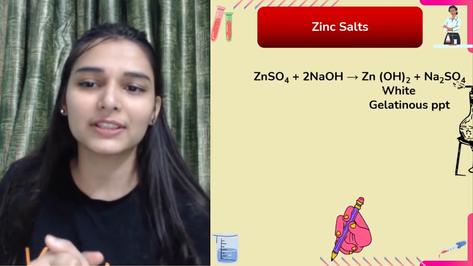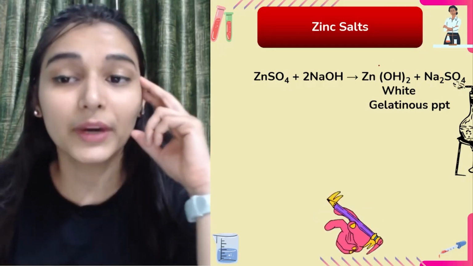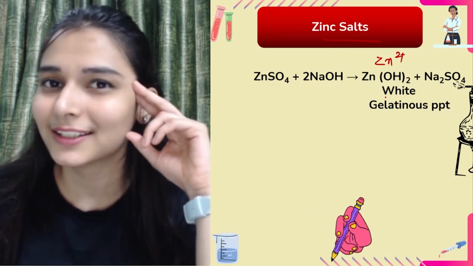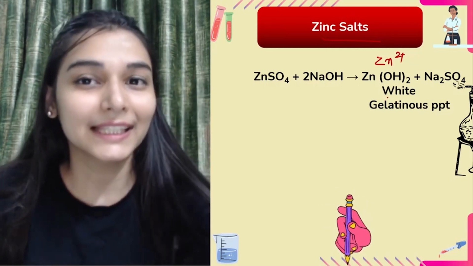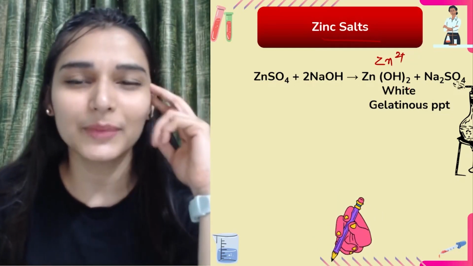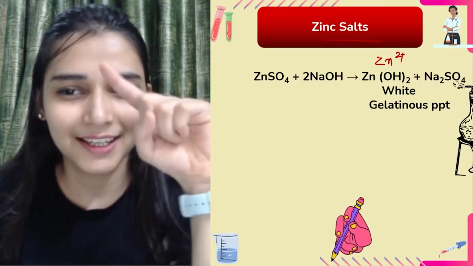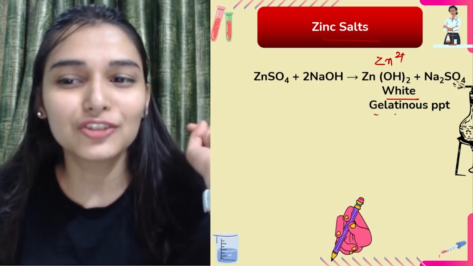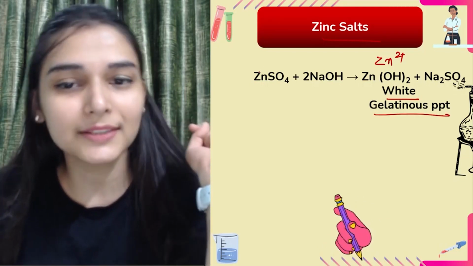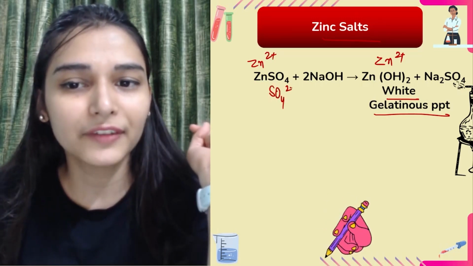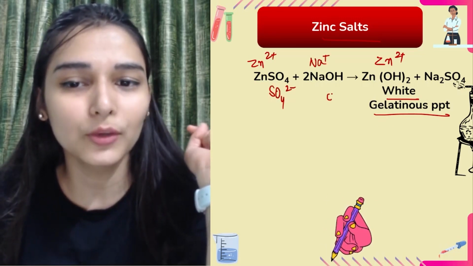Again DD reaction is happening in each one of them, but now I told you about the zinc salt, zinc 2+ metal ion. Remember, for transition elements ma'am told you that d block elements' metal ions will be generally colored except for zinc. There you go. Okay, a white gelatinous precipitate would be obtained. So the same thing is happening here. Zinc ion is there, sulfate is here, sodium ion and OH ions.